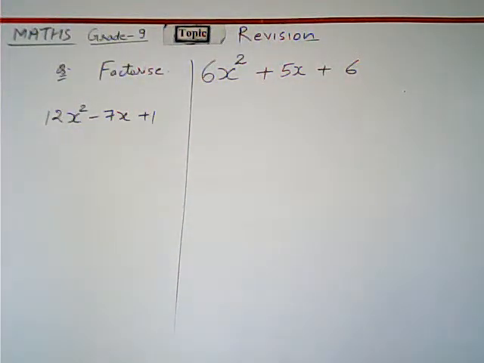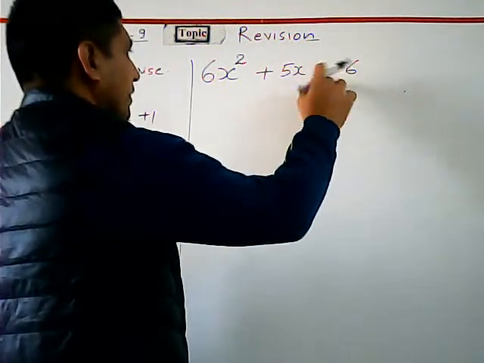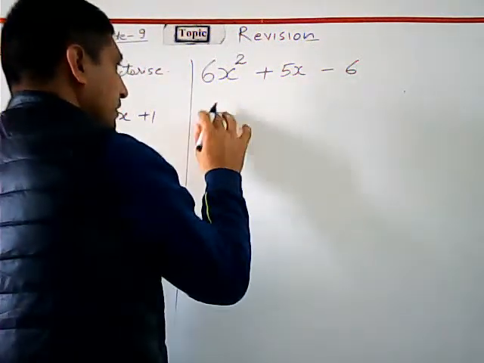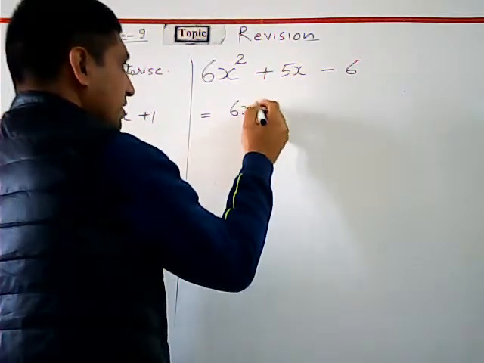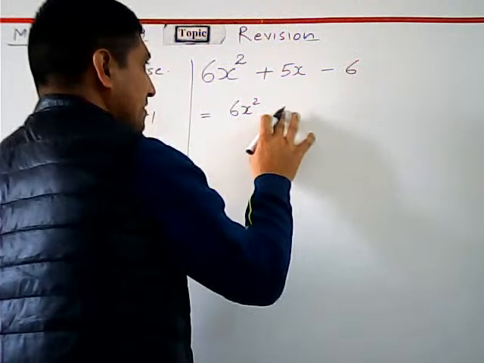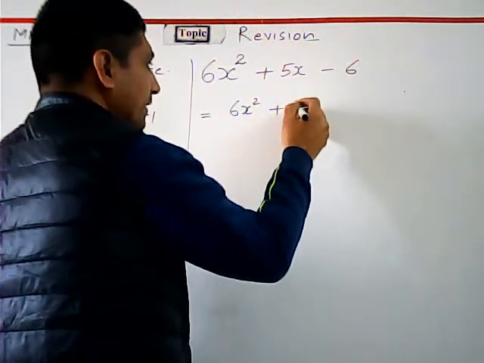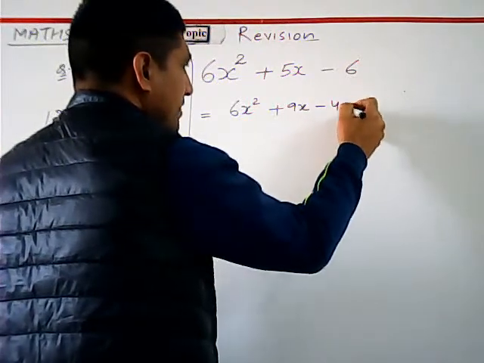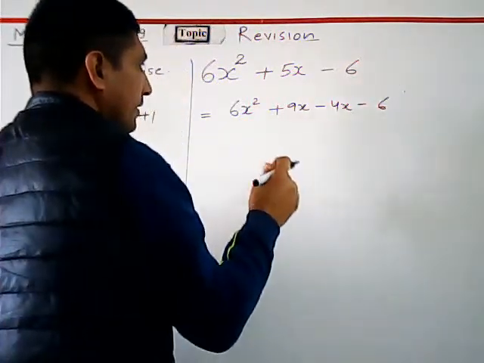Here it is plus or minus. I think it is minus 6. When it is minus 6, we can start with 6x^2 plus 9x minus 4x minus 6, right?